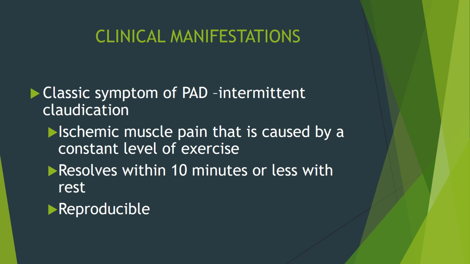Sometimes these people can get that ischemic, crampy pain in their buttocks and their thighs, depending on which vessels the blockage is in. But the key is really that it's a pain that comes on with exercise. When they stop exercising and rest, it goes away, and it's reproducible with that exercise.